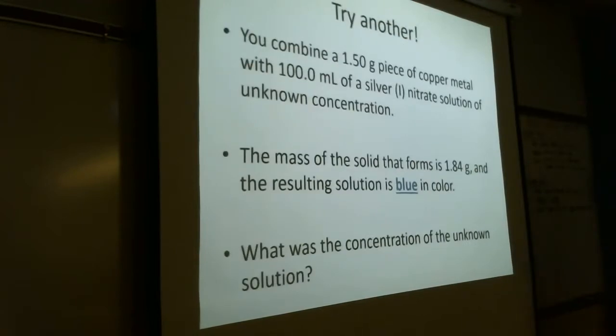Okay, try this one. You combine a 1.50 gram piece of copper metal with 100 milliliters of a silver 1 nitrate solution of unknown concentration. Whoops. The stock person forgot to label the concentration on the bottle. My bad. The mass of the solid that forms is 1.84 grams, and the resulting solution is blue in color.